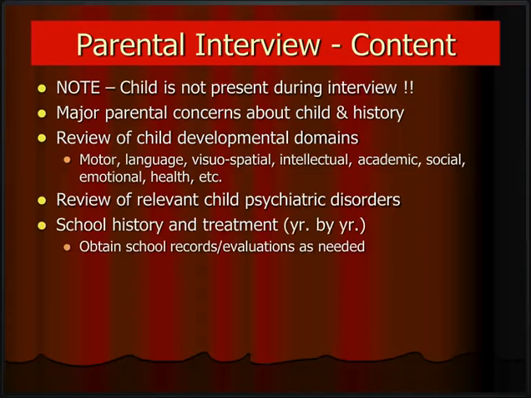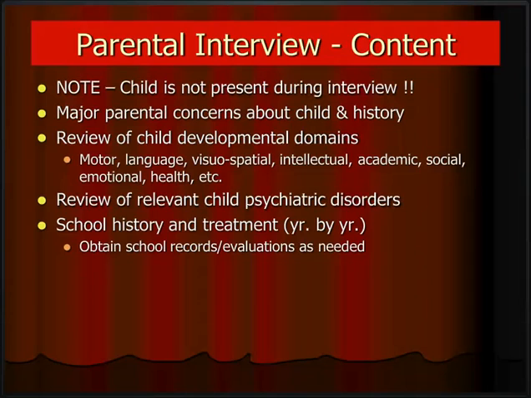Of course, one needs to obtain a history of the child's school functioning and any treatments that are received or have been received in the school environment. I like to do this year by year and get a detailed school history. I think it helps not only to provide very valuable information that's going to be useful in consulting with the school about this child, but also might be useful in determining the child's eligibility for various special educational services at school.